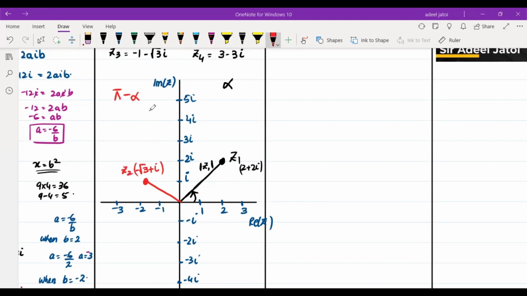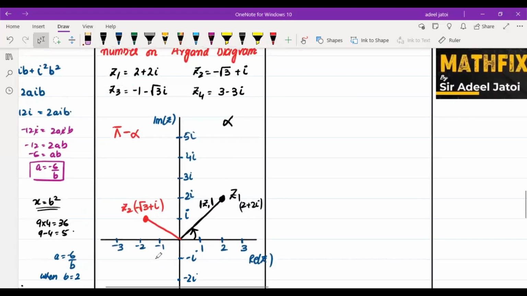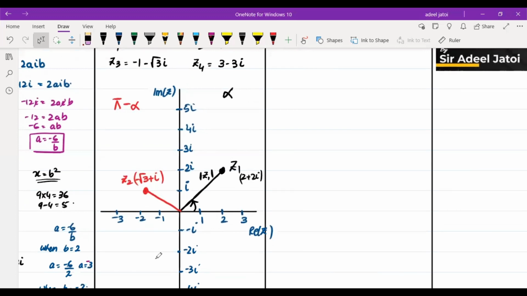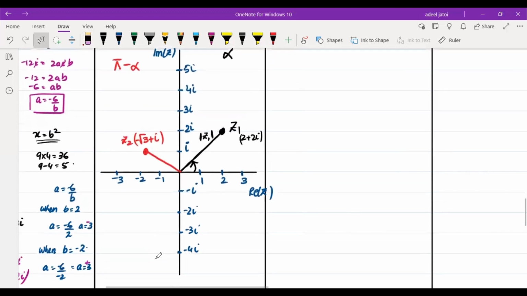So for the second quadrant, you can always have pi minus alpha. Now, in complex numbers, two quadrants go anti-clockwise, whereas two quadrants go clockwise. So if two quadrants are going clockwise, this will be negative alpha, and this should be negative pi minus alpha. But let's just work upon Z3, -1 and -3. -1 and -3 is somewhere here.